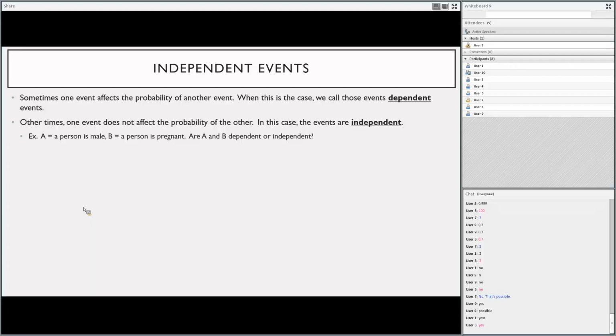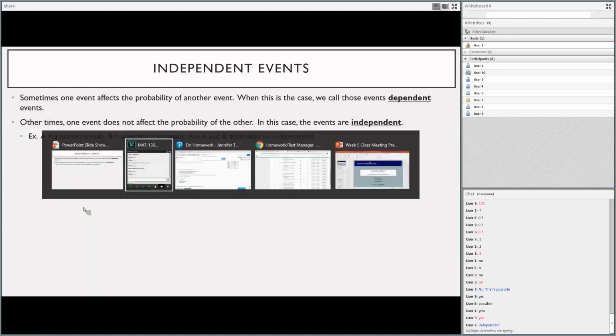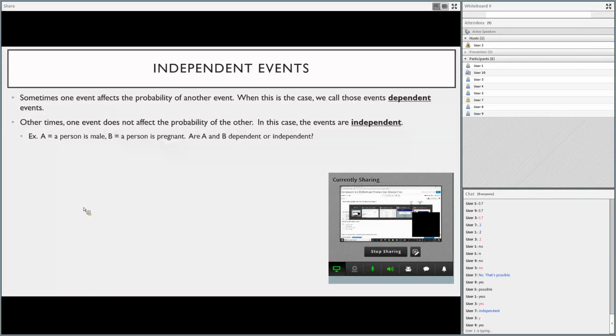So say that event A is that a person is male and event B is that a person is pregnant. And I want to know if A and B are dependent or independent. So the question is, if I know that a person is male versus I don't know if it's male or female, would knowing that the person is male affect the probability that that person could be pregnant?